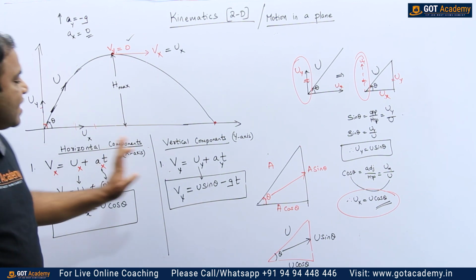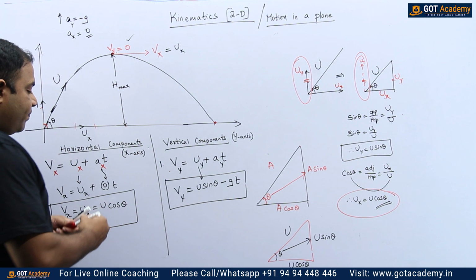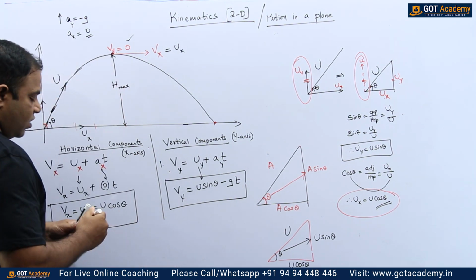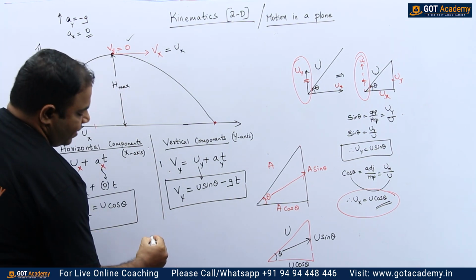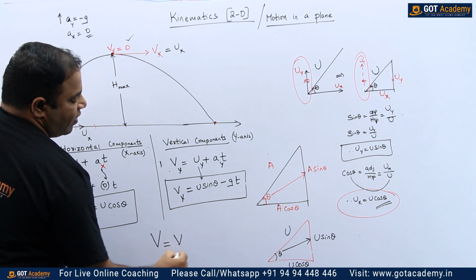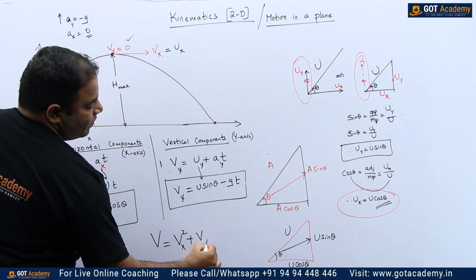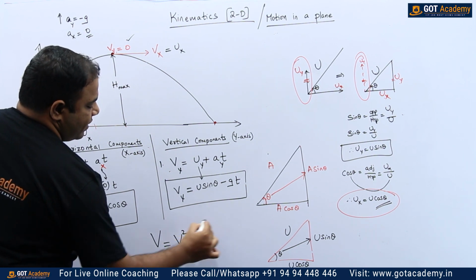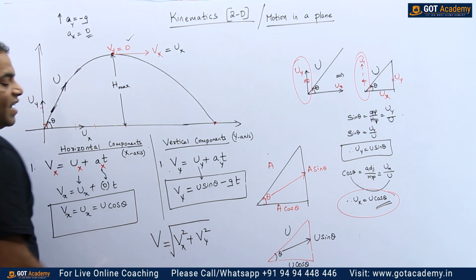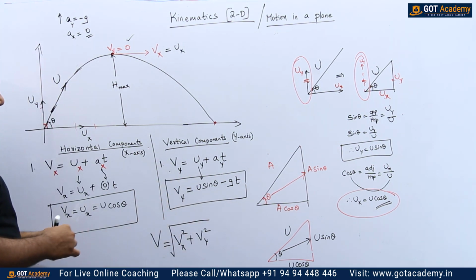Once we get these x and y components, we have to find out its velocity at that instant. That is, v as a vector can be written as the square root of the x component squared plus the y component squared.